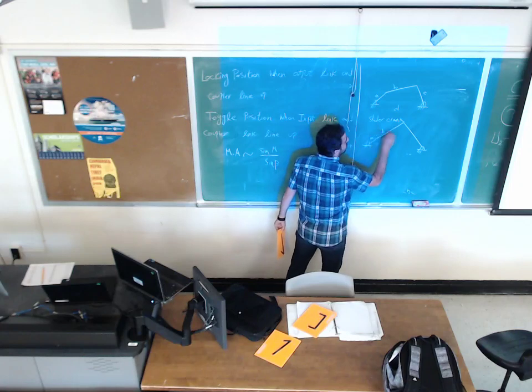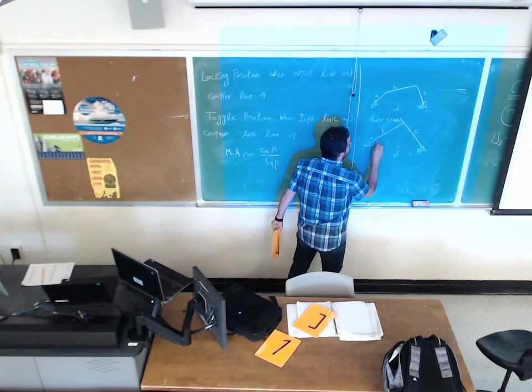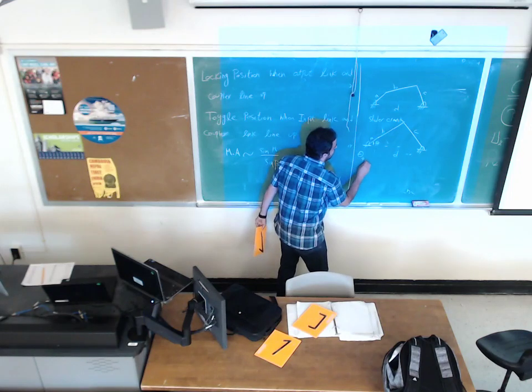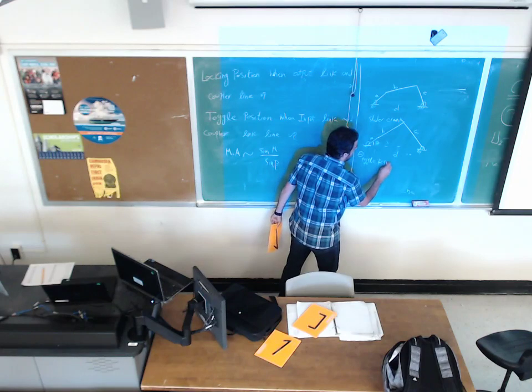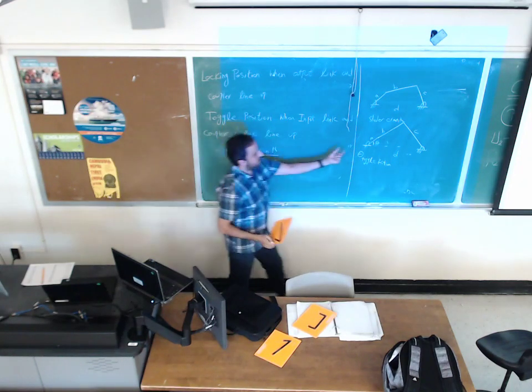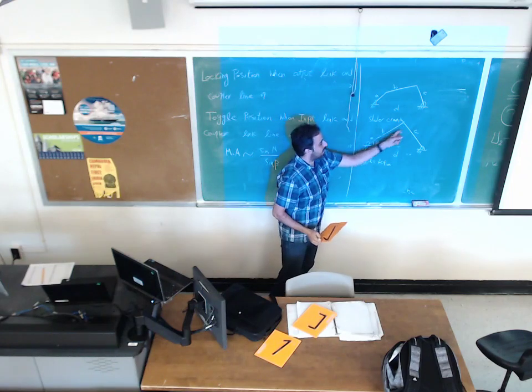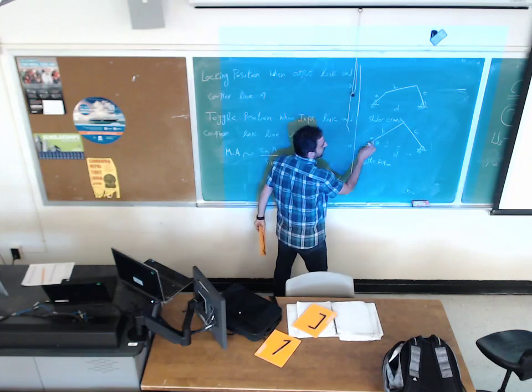A, B, C, and D. I'm looking for T for toggle position. If I ask you to find the theta at which I will get toggle position, again, we have a toggle because these two line up.